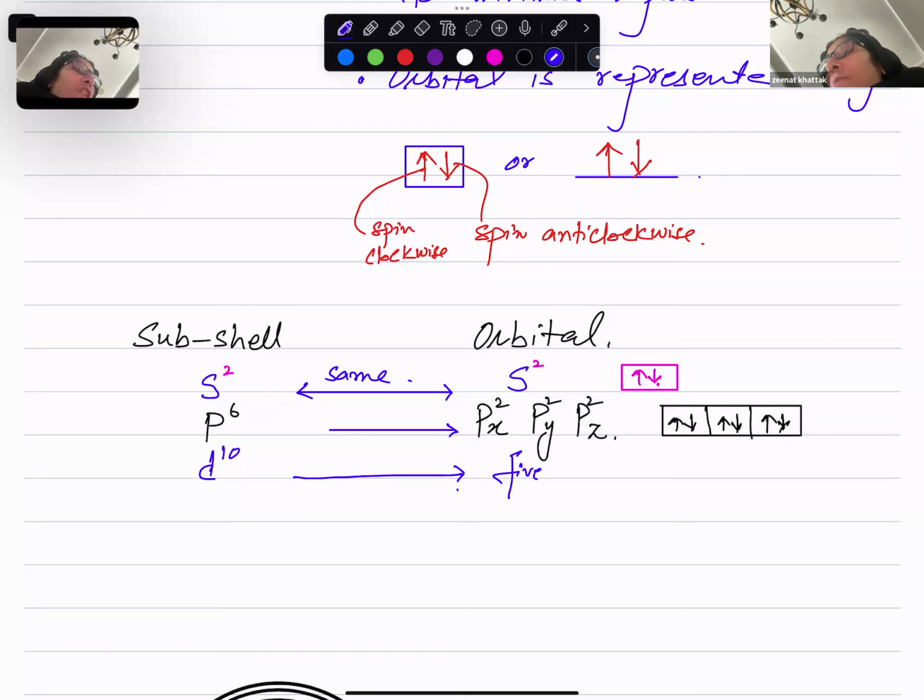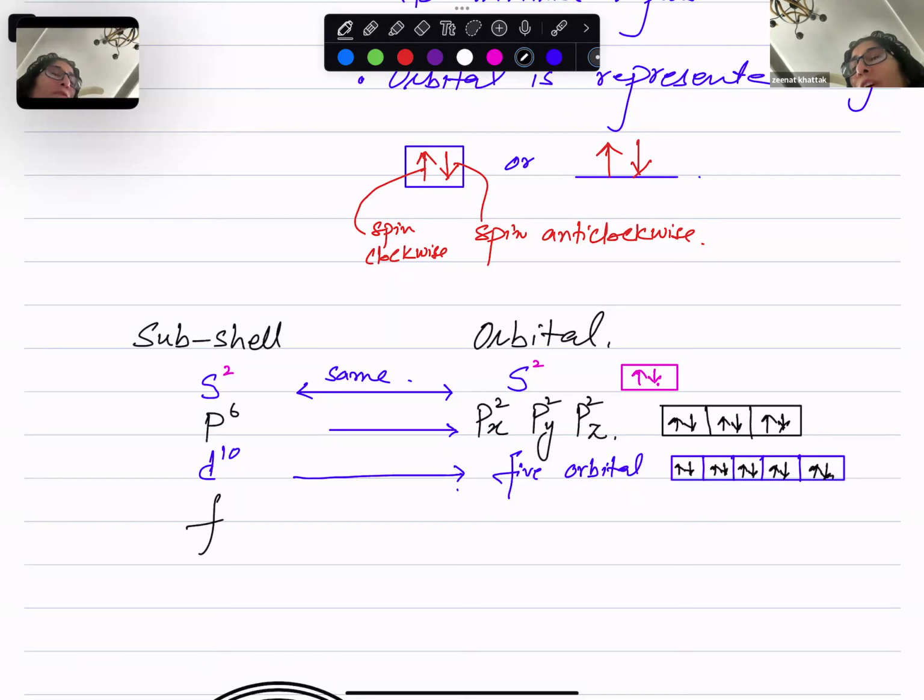So 5 orbitals. How many boxes? Definitely 5 boxes. 1, 2, 3, 4, 5. And there are how many electrons in each? 2, clockwise and anti-clockwise.